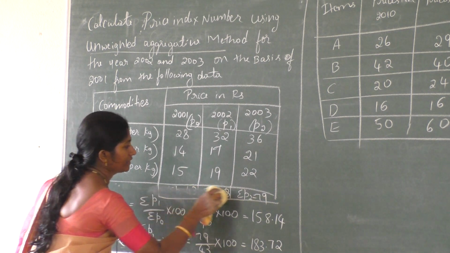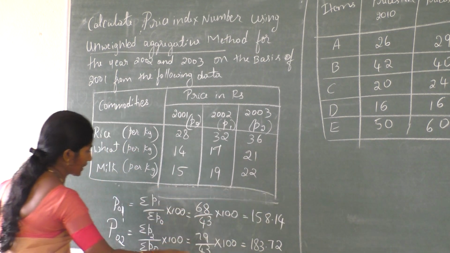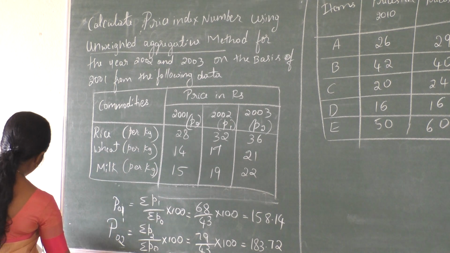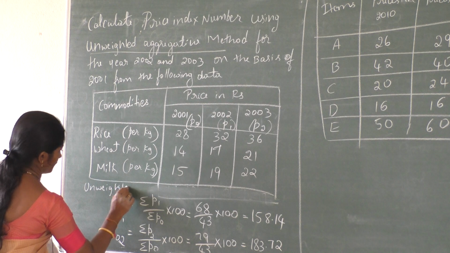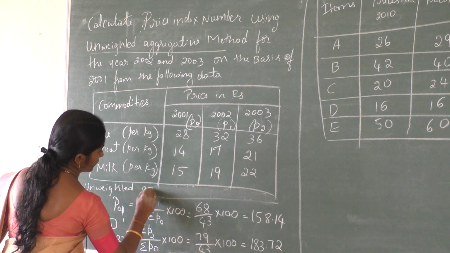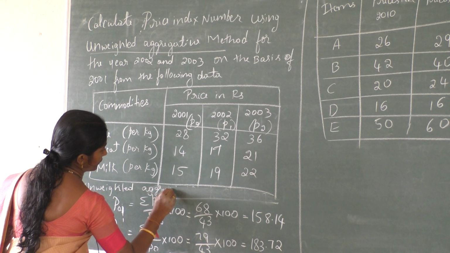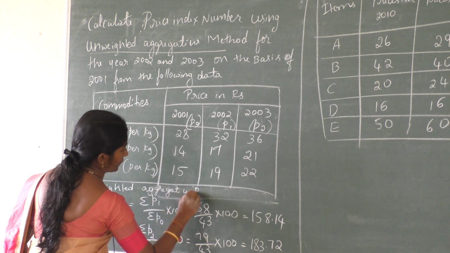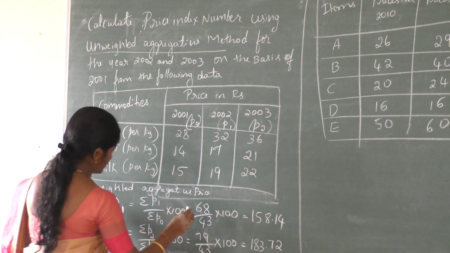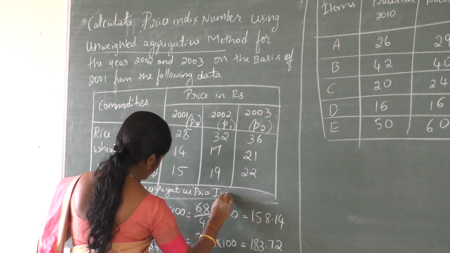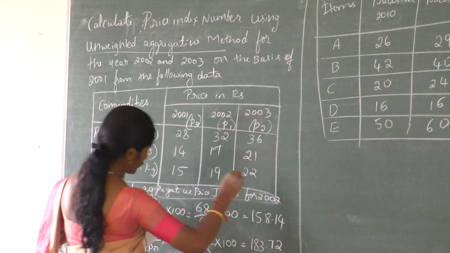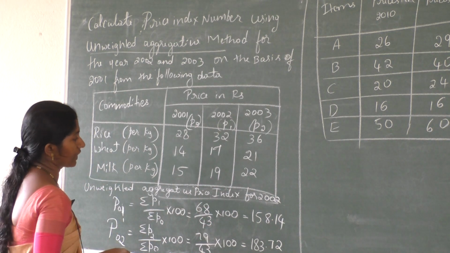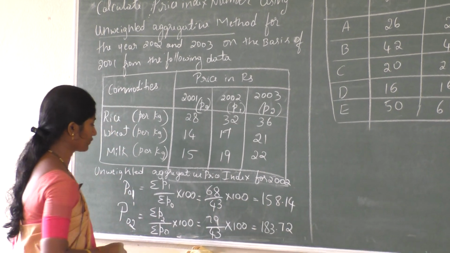I will write what we have calculated. The unweighted aggregative price index for 2002 over 2001 is 158.14.